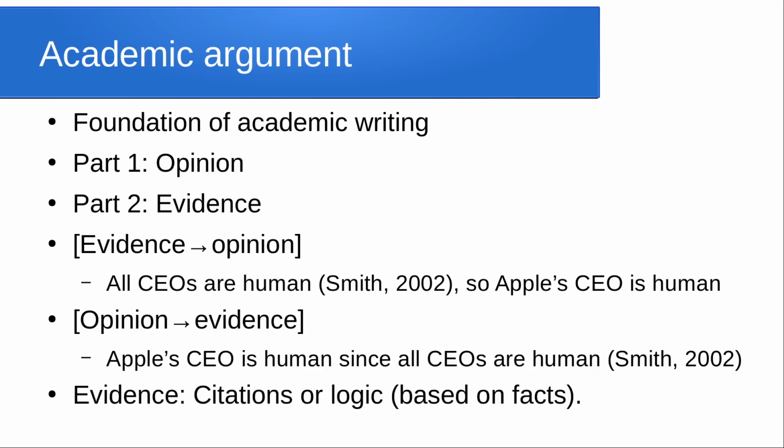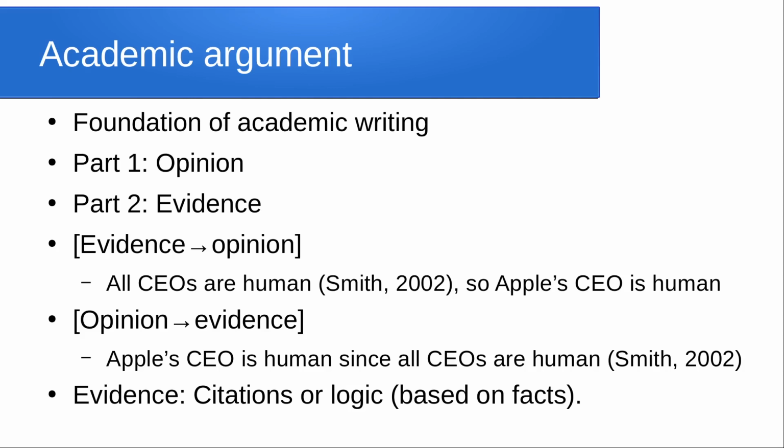When we talk about evidence here, we either need citation or we need logic. The logic needs to go back to either citations or a fact that is either widely accepted or universally accepted. For example, you don't need to cite the fact that the sun rises in the east. Everybody accepts that.